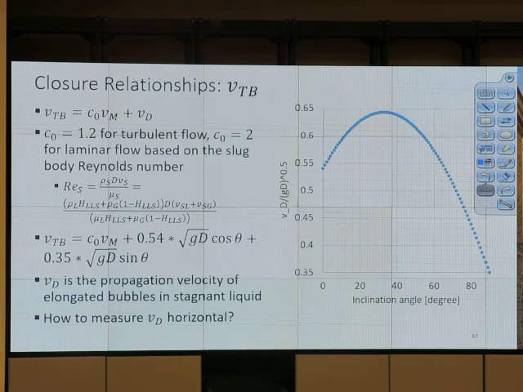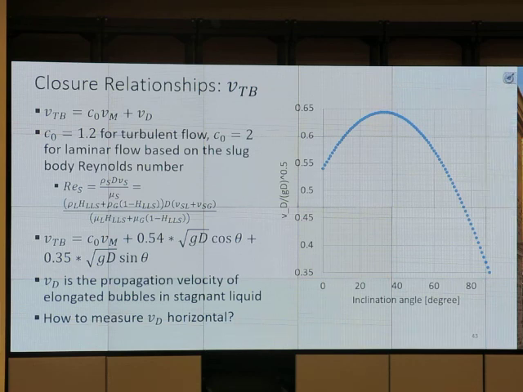Alright. Now let's talk about the closure relationship. We used it already, but maybe we didn't talk about it much. The closure relationship: VTB equals C0 VM plus V drift. This is the closure relationship to calculate VTB. A must. No model can just populate VTB. Maybe if you do open form, you tell me what VTB is without a closure relationship.